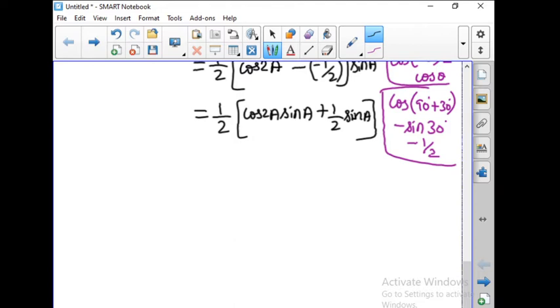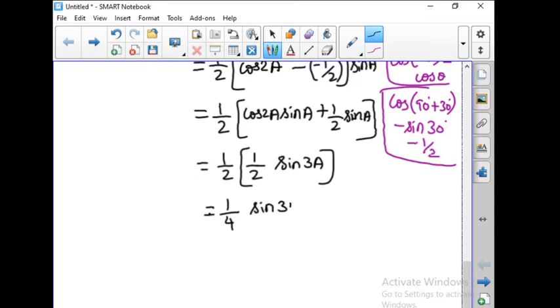Now we can write this as 1 by 2 of 1 by 2 sin 3a. So this can be written as 1 by 4 sin 3a. So we have proved that it is equal to RHS.